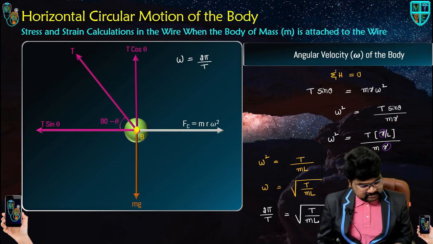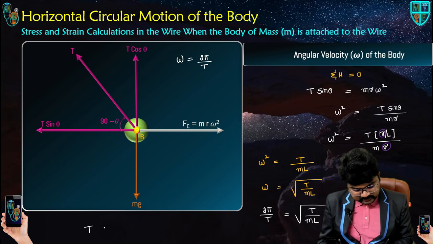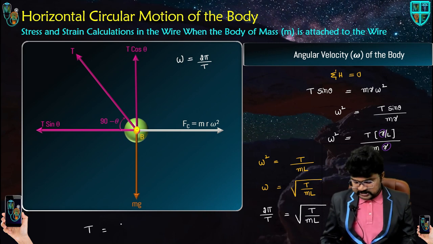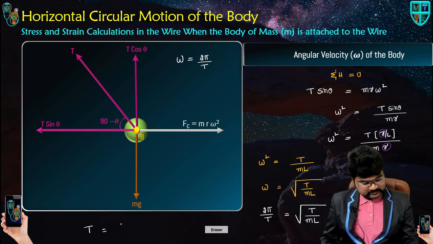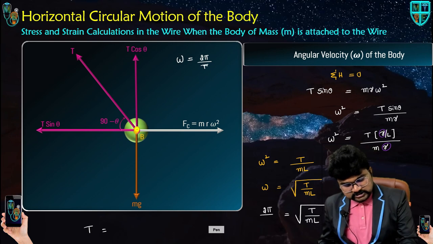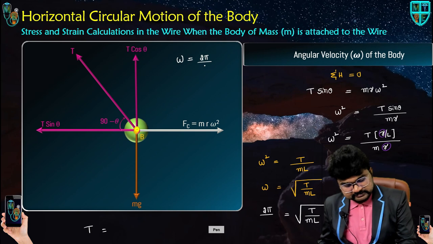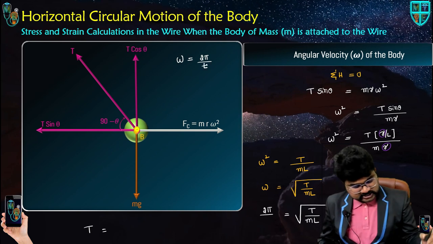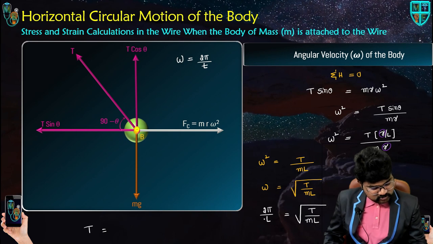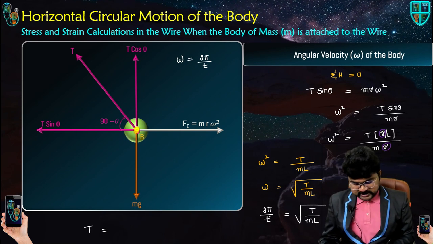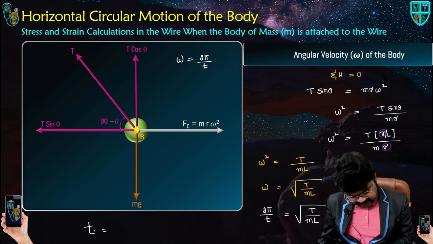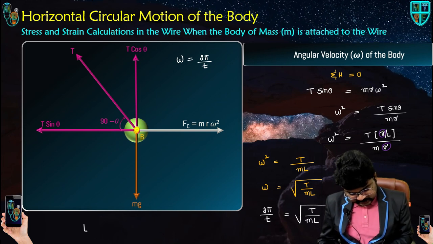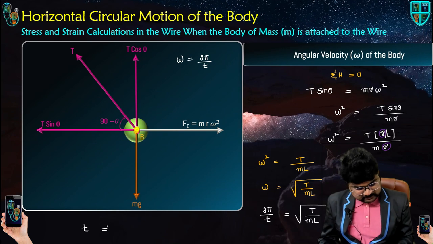Finally, what is t? Here you can take small t, because capital T is the tension in the string and small t is the time period.